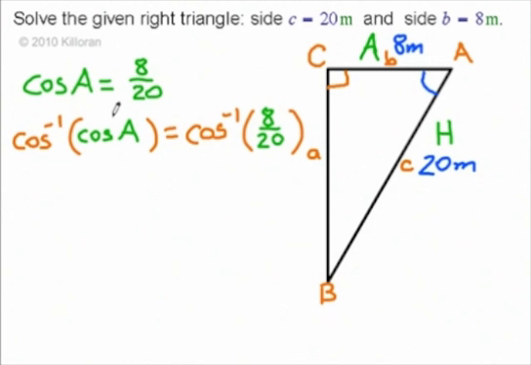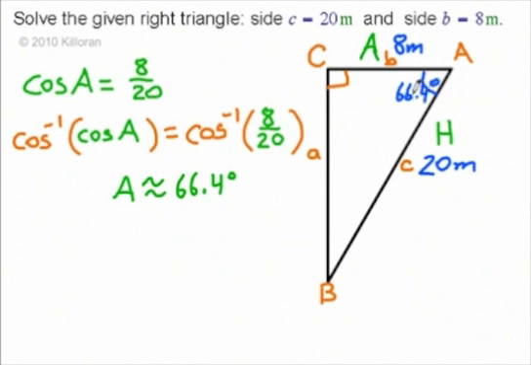So from that, we're perfectly fine saying that A is approximately the cosine inverse of 8/20ths. So second cosine in the calculator, 8 divided by 20, and we're going to get 66.4 degrees. So this angle up here is approximately 66.4 degrees.